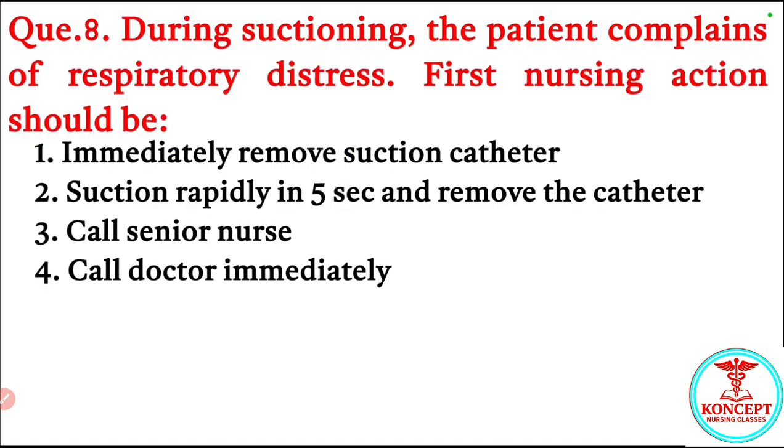Next, during suctioning, the patient complains of respiratory distress. First nursing action should be: immediately remove suction catheter, suction rapidly in 5 seconds and remove the catheter, call senior nurse, call doctor immediately.